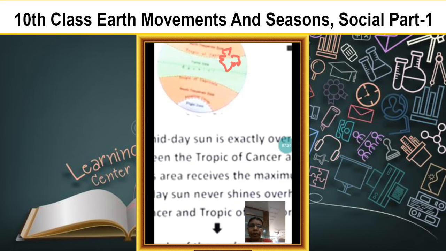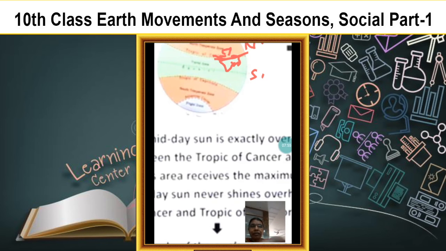Followed me? Tropic of Cancer is passing like this. So the northern part of India is in the temperate zone and the southern part of India is in the torrid zone. So South India will be receiving more heat than North India.